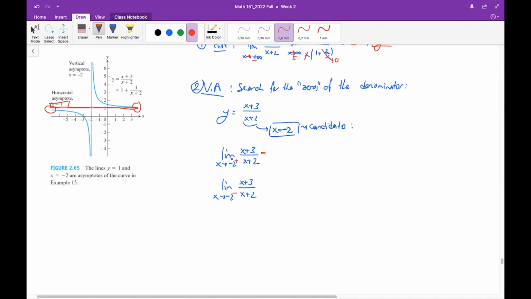Okay, so what is this? It is, in fact, 1 over... you are approaching minus 2 from which direction? In the first case, we are approaching from the right. So minus 2 is here, and we are approaching from the right.